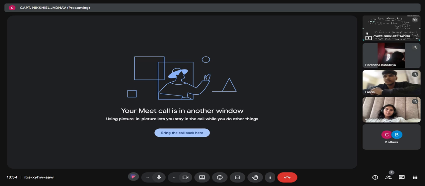Next is accuracies. Accuracy of NDB in the daytime will be up to 70 nautical miles. Accuracy will be only plus or minus 2 degrees.